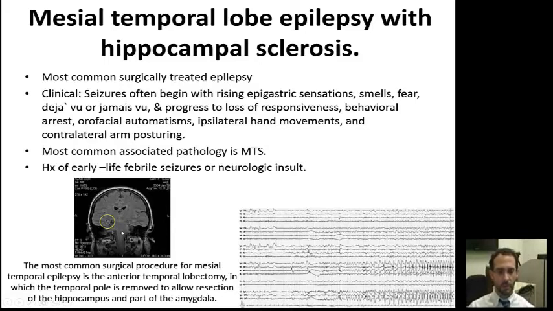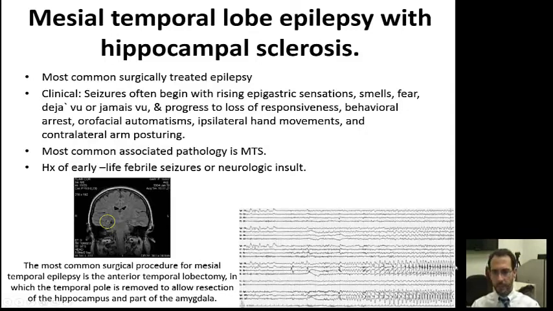The changes that we're looking for are whether it's brighter, whether it's a shrinking pattern, or whether it's outgrowing, increasing in size, or small in size, or increasing the signal of the actual imaging. And so it's pretty much the most common surgical procedure for mesial temporal epilepsy.